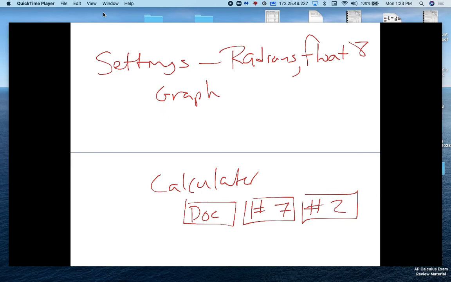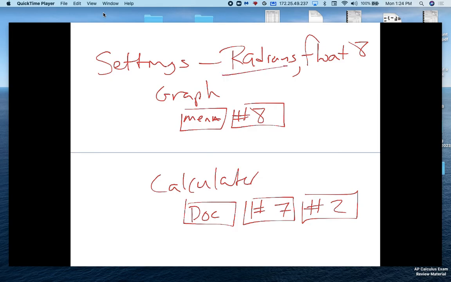On the graph one, you go to menu, then go to number 8, and make sure that's in there. Make sure you fix it.